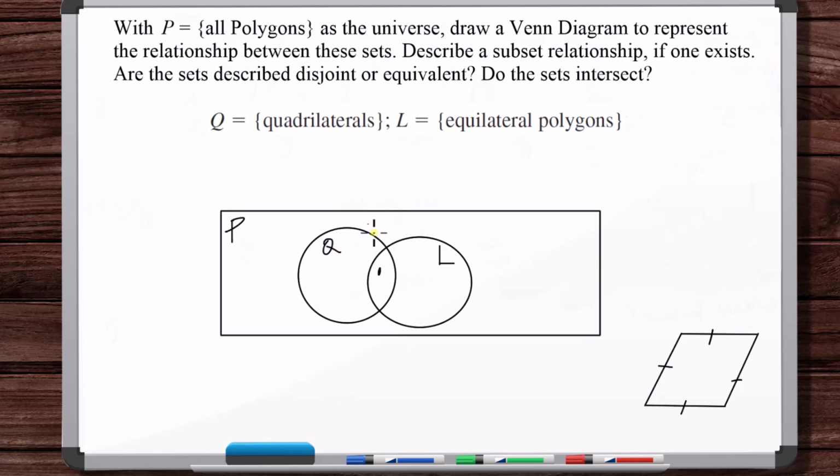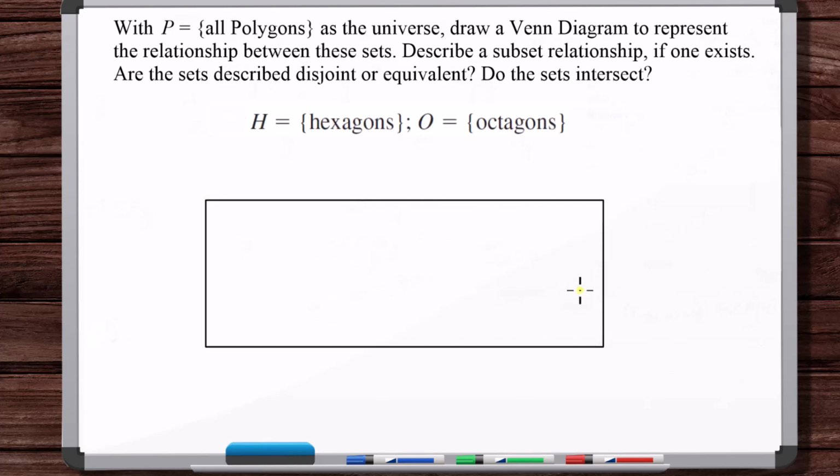But you can obviously have quadrilaterals that aren't equilateral. But then you could also have an equilateral polygon that's not a quadrilateral. So any regular polygon that's not four-sided, a regular pentagon, whatever, that would be in here. So these intersect within the set of all polygons.